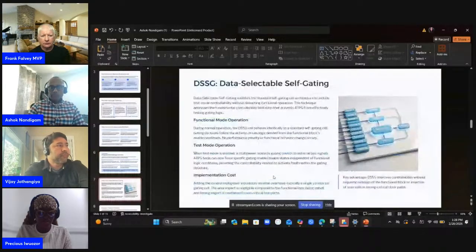This slide talks in more detail about what a self-gating cell looks like. It is mainly to get the functional operation of the logic, which is controlled by the clock gating cell.